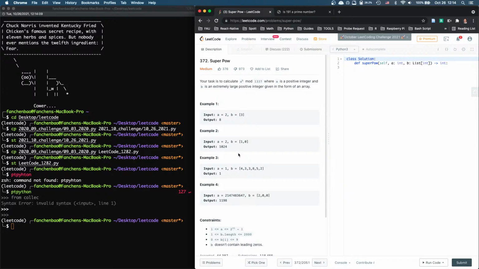A squared is (MQ plus R) squared, which is M squared Q squared plus 2MQR plus R squared. So it equals M times (M Q squared plus 2QR) plus R squared. Okay, so A squared is R squared, right?